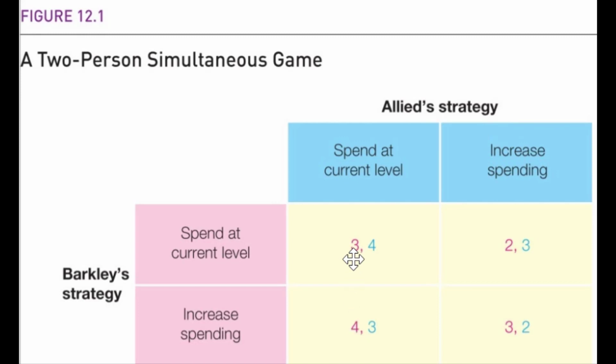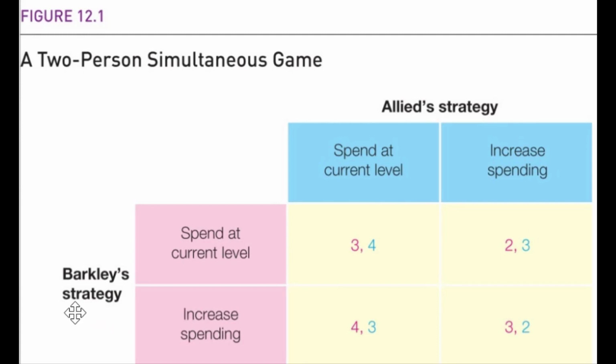So 4 is greater than 3, 3 is greater than 2. So increasing spending generates greater payoff compared to the other strategy, no matter what the opponent does, right? If the opponent does spend at current level, still increasing spending for Barkley generates 4, which is greater than the other strategy's payoff 3. Even if Allied changes the strategy to increasing spending, Barkley's increasing spending generates 3 compared to the other strategy that generates only 2.